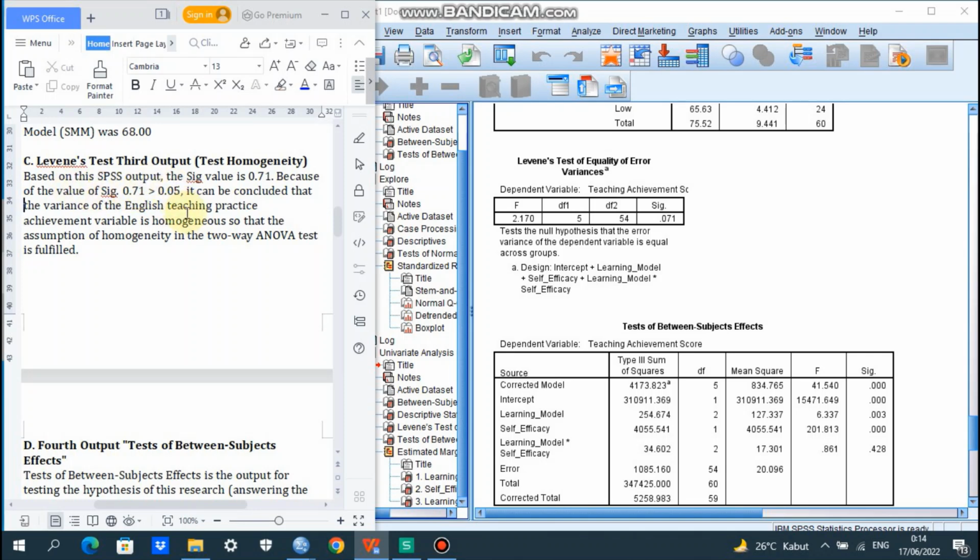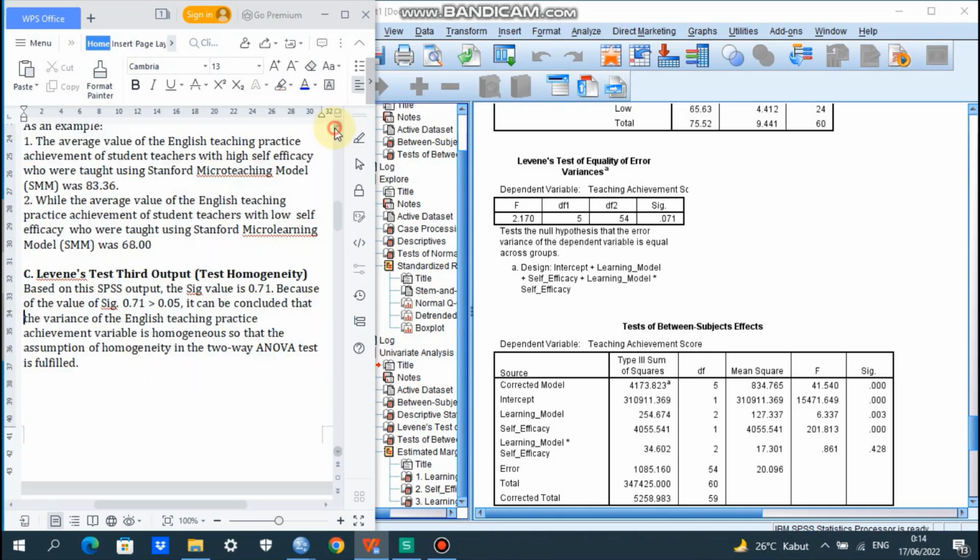Based on this SPSS output, the significance value is 0.71. Because the significance value is 0.71 and it is more than 0.05, it can be concluded that the variance of the English teaching practice achievement variable is homogeneous. So the assumption of the homogeneity test in the two-way ANOVA test is fulfilled.